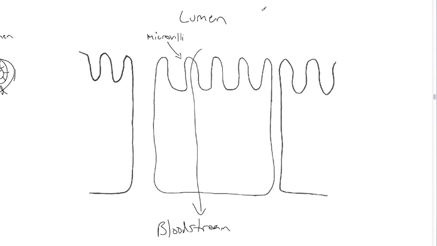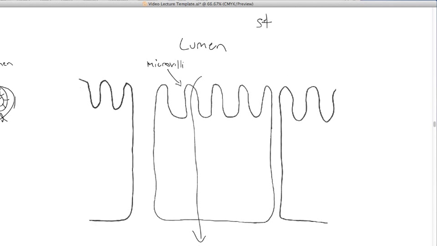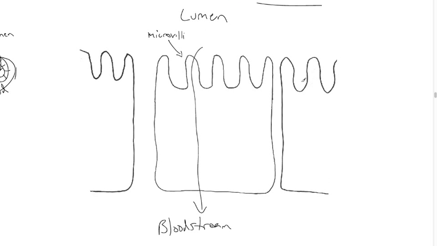Now, I told you that you were under starvation conditions, and we're going to deal with how glucose is taken into cells from the lumen of the intestine. Under starvation conditions, glucose is very low in the lumen because you haven't eaten anything, and your bloodstream also has very low amounts of glucose.